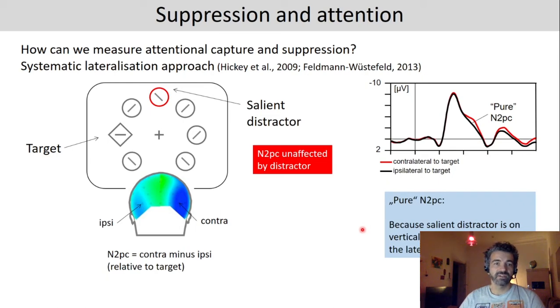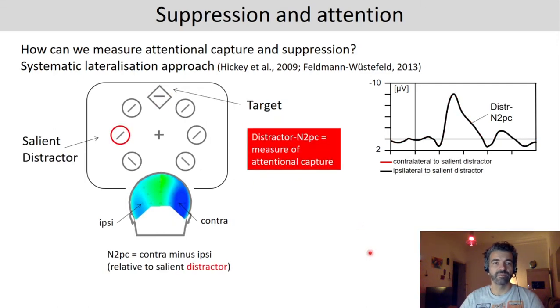So again, this doesn't tell us anything about suppression. So if we want to know something about suppression, for example, of the salient distractor, we need to swap the location of the target and the distractor here. So in this case, we would have a salient distractor here and a less salient target on the vertical midline.